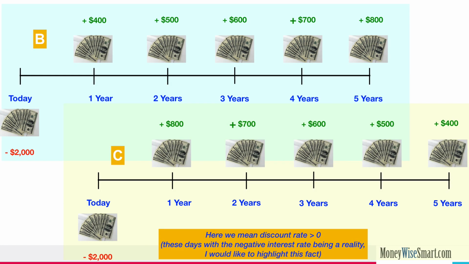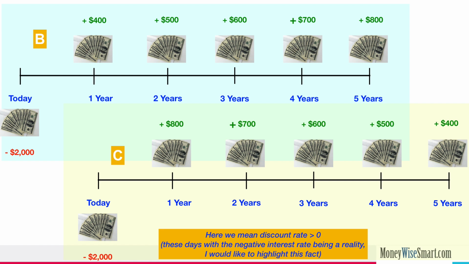So if I bring you back to these 2 scenarios that we had discussed, scenario B as compared to scenario C. For any particular discount rate, the present value of the cash flows of scenario C is expected to be higher than that of scenario B. And the reason is very simple. As we have seen in the formula, the time is in the exponent.